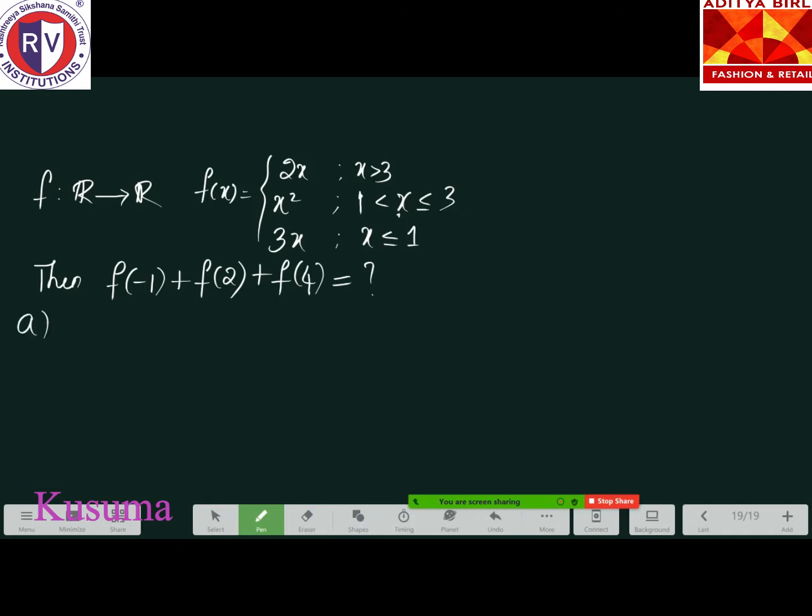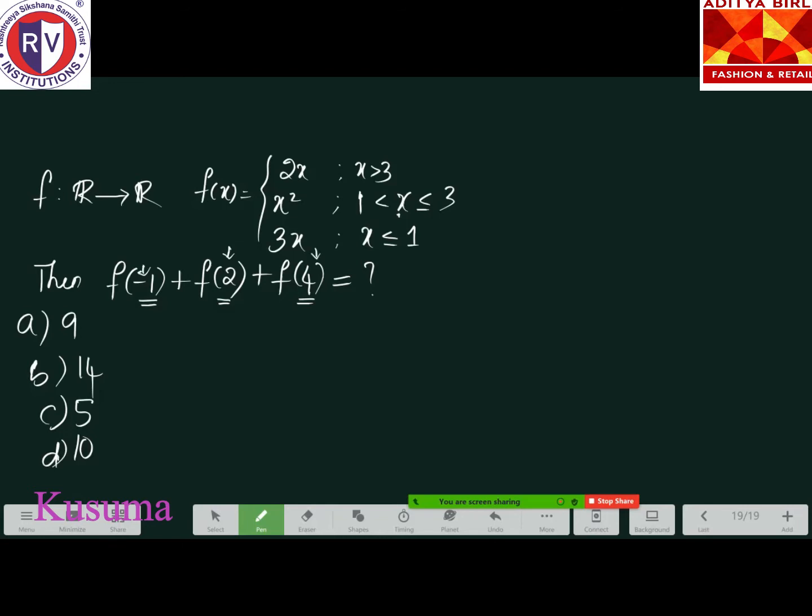The options given are: option A is 9, option B is 14, option C is 5, and option D is 10. Okay, so this is very simple. You have to look at the value for which the function value is to be found, and look for the interval where this number falls.